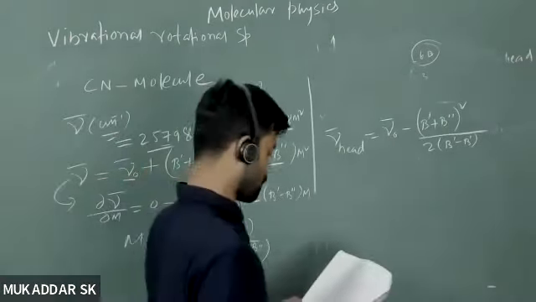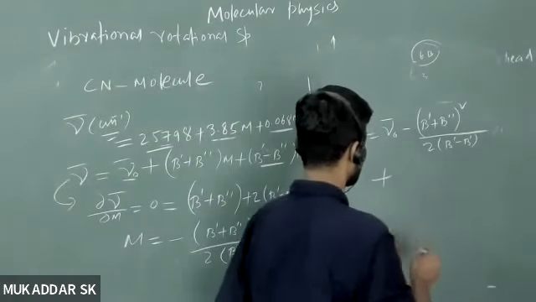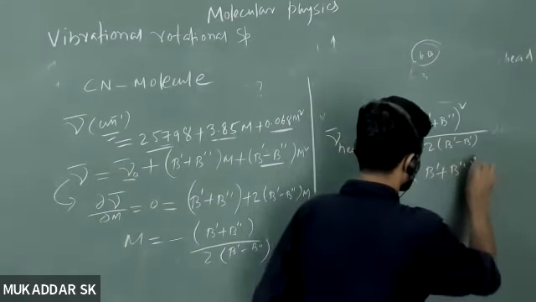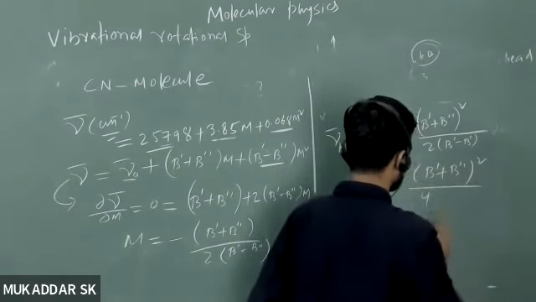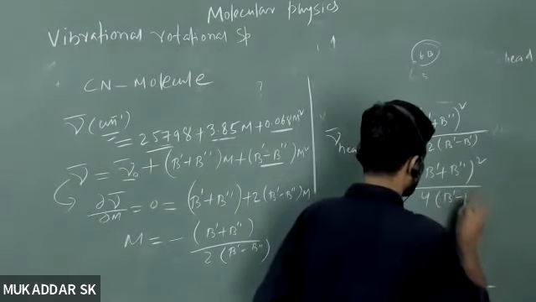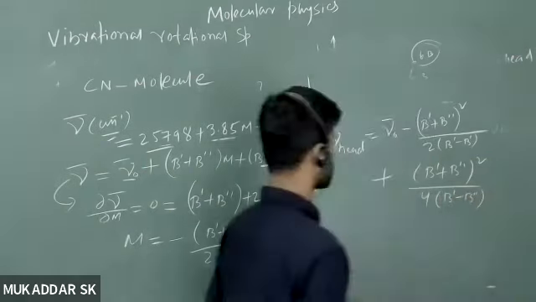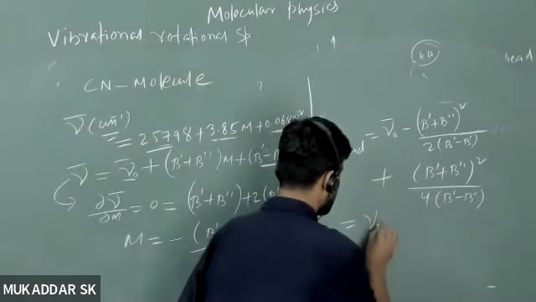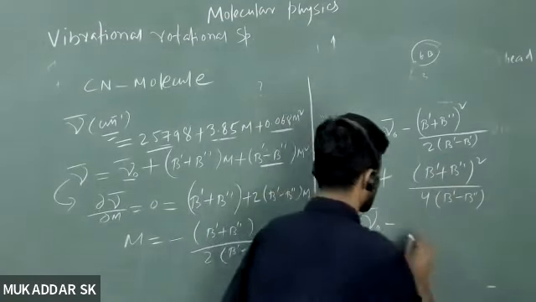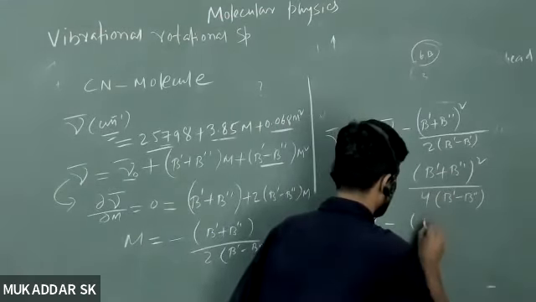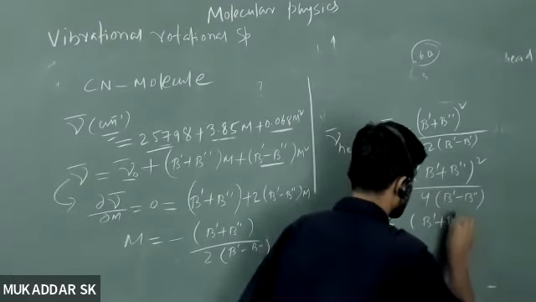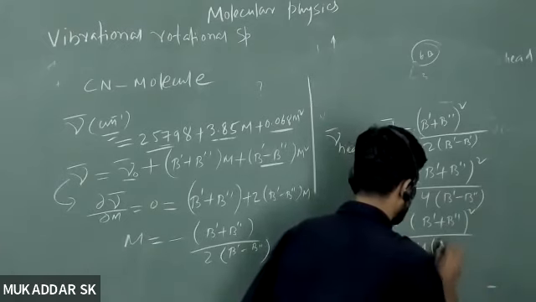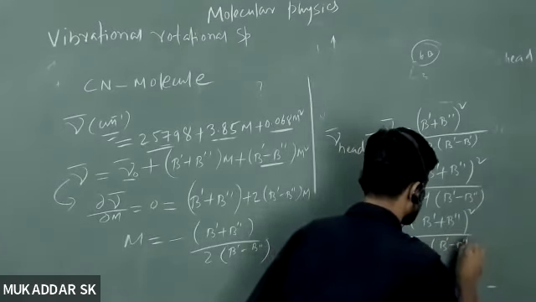And the third term will give you, please check it, B dash plus B double dash whole square divided by 4 B dash minus B double dash. Okay, so if you combine it, you will basically get nu 0 bar minus B dash plus B double dash whole square divided by 4 B dash minus B double dash.